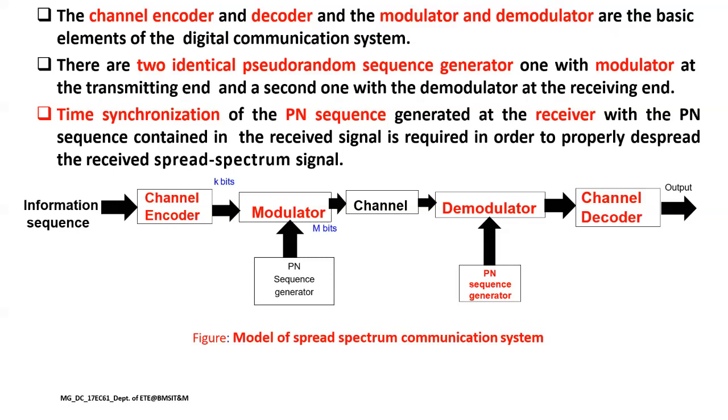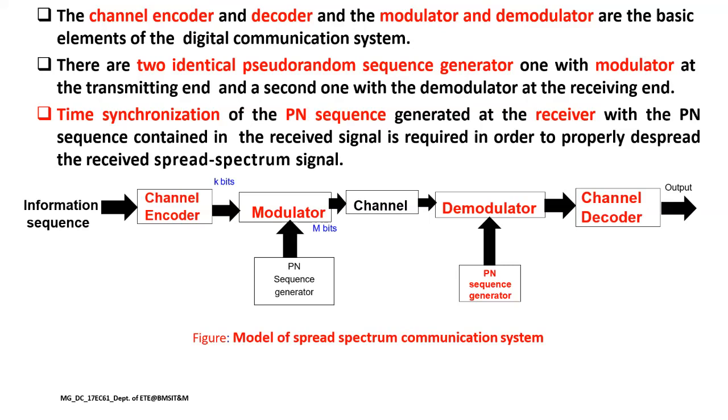So in general, the conventional digital communication system has four basic elements. What are those four basic elements? One is the channel encoder at the transmitter side and the channel decoder at the receiver side. Then the modulator at the transmitter side and the demodulator at the receiver side.